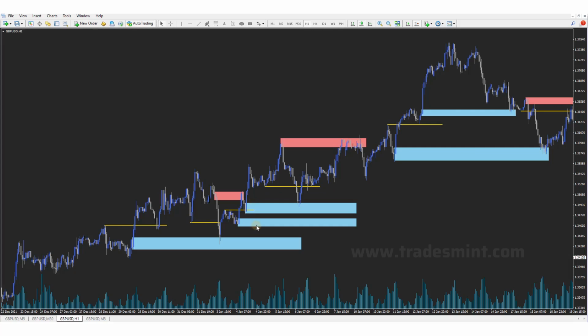To make less mess on the chart, please always delete the broken or invalid zones. As for example here, this huge leg out could be a sign that, wow, what a big order was here.